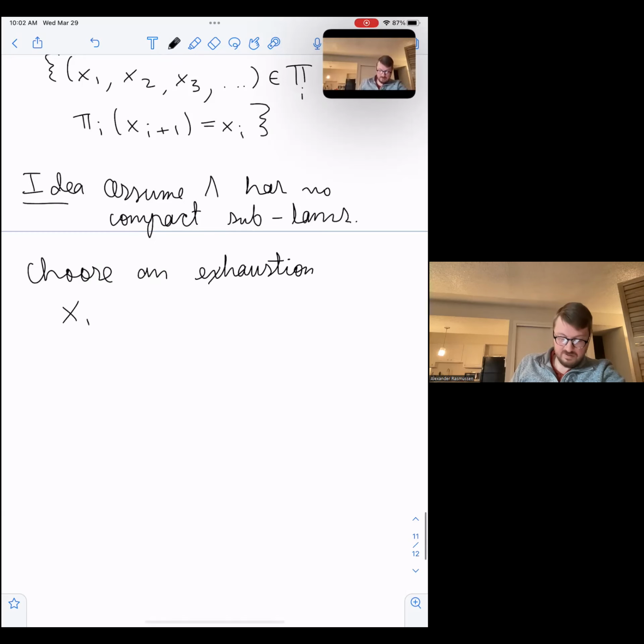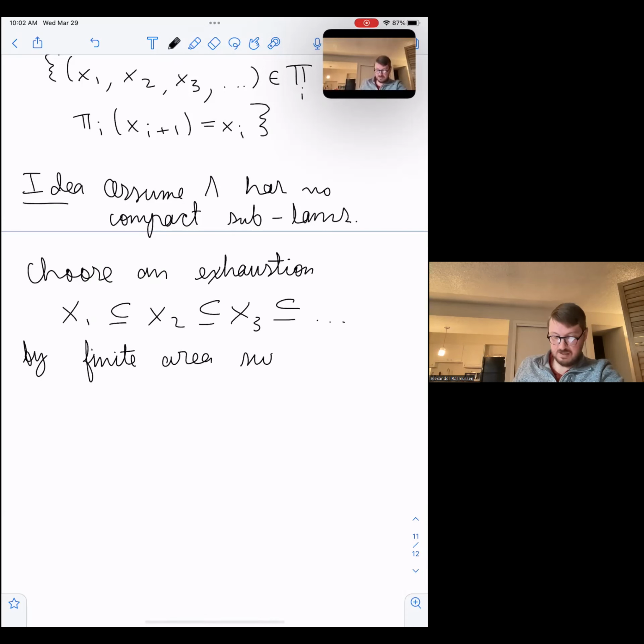So we have some surfaces, X1 contained in X2, contained in X3, etc. And being an exhaustion just means that the union of all of these is equal to X. So this is an exhaustion by finite area surfaces with geodesic boundary.